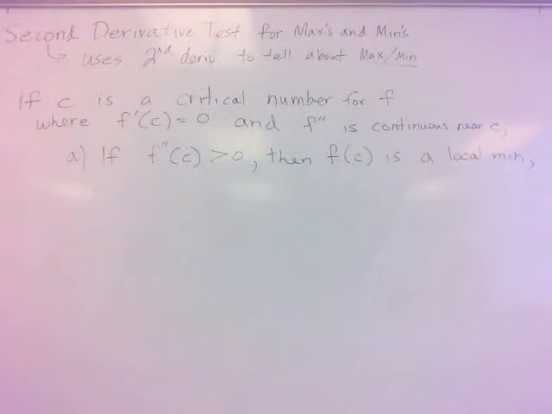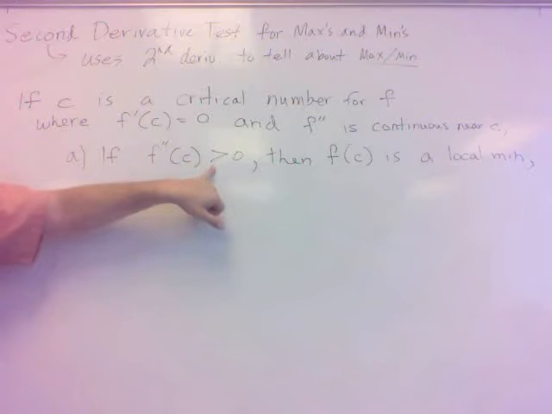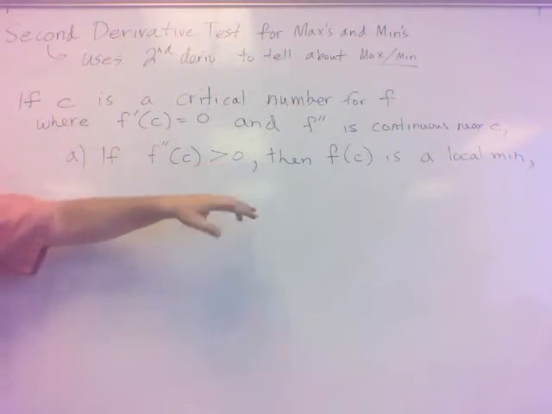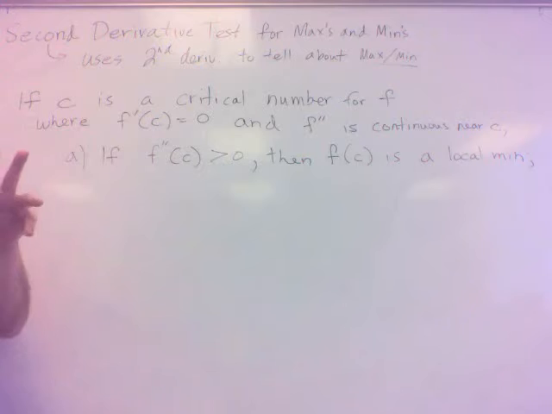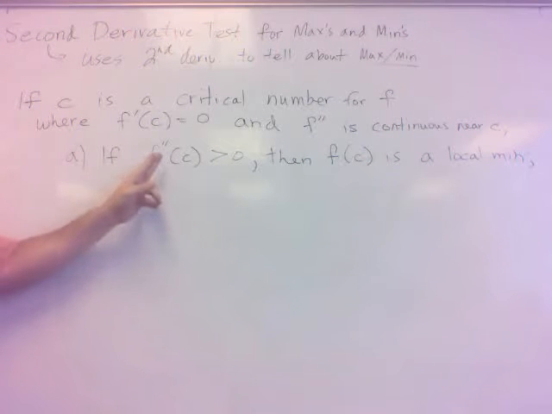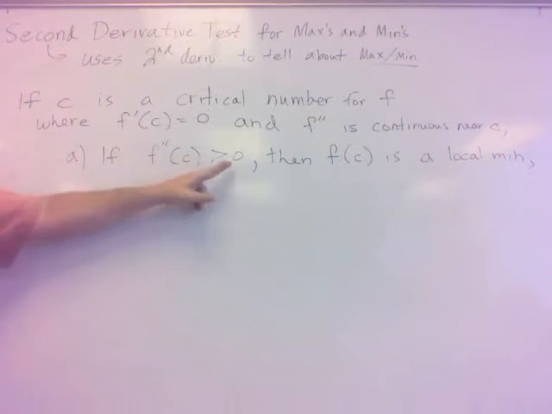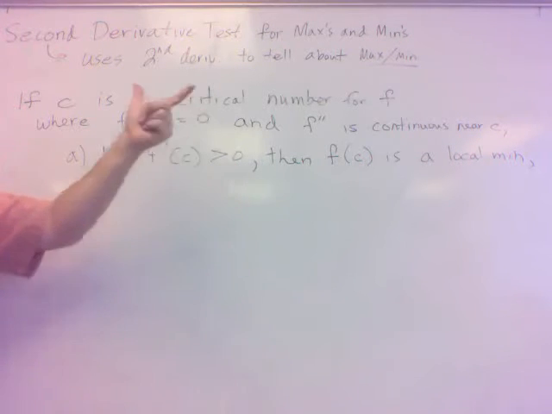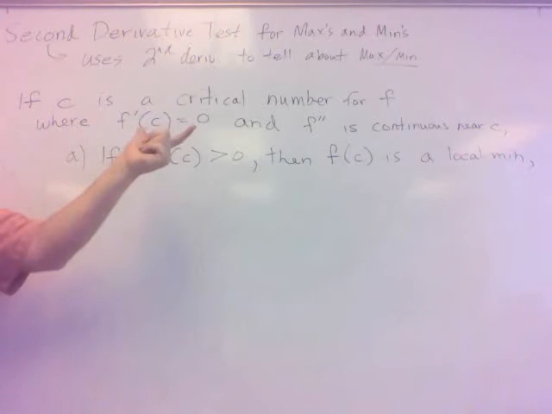Here's why. The second derivative does tell you about concavity. If the second derivative is greater than 0 at C, then what kind of concavity do I have? That's positive, that's concave up, right?